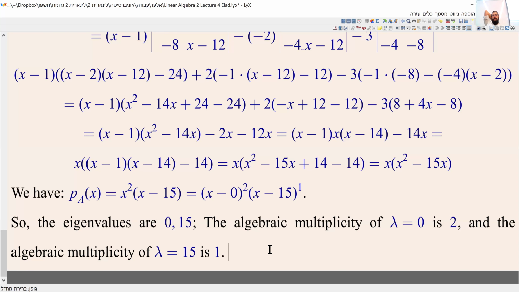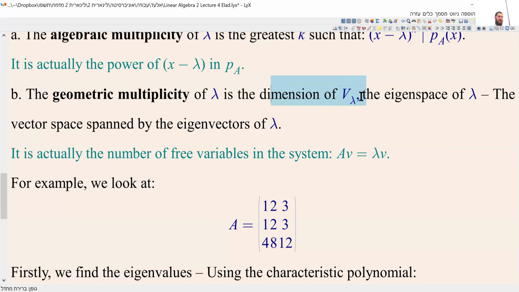So now for the geometric multiplicity, we have to find the eigenvectors. Formally, it is the dimension of the space spanned by the eigenvectors, which is called the eigenspace.